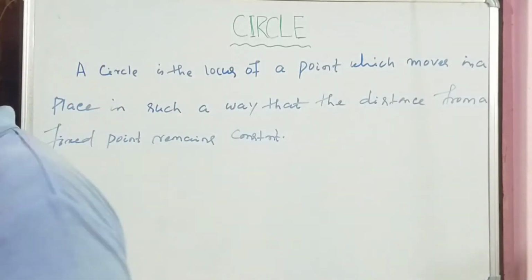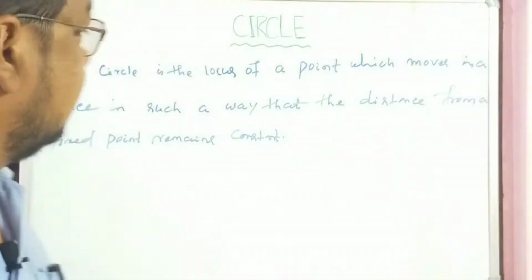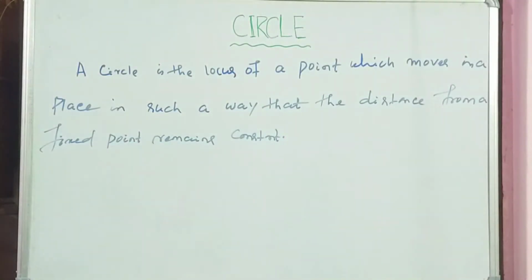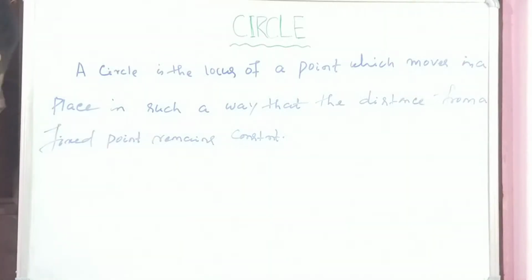A circle is the locus of a point which moves in a plane in such a way that the distance from a fixed point remains constant.